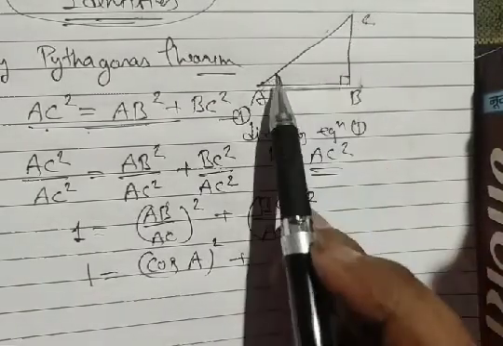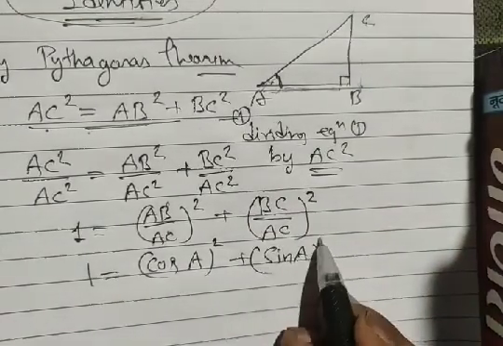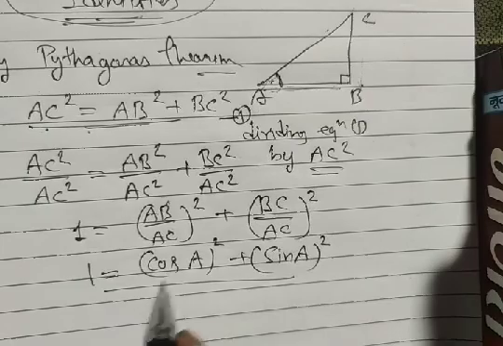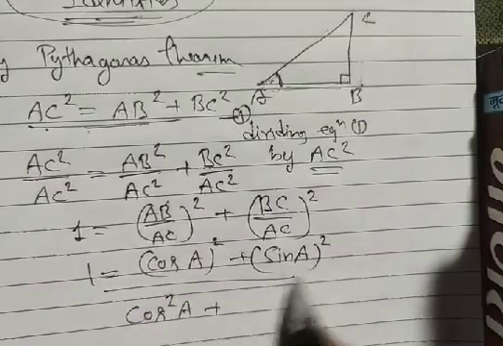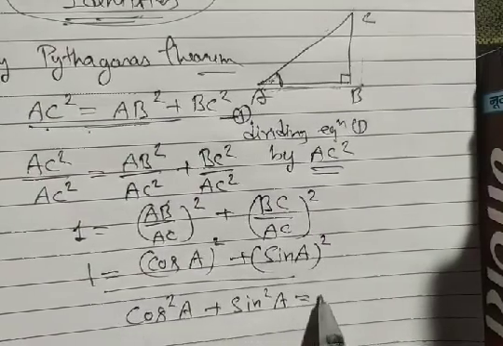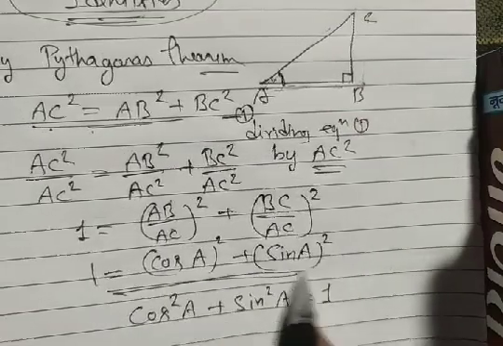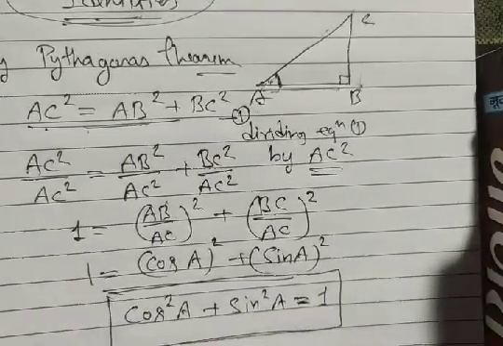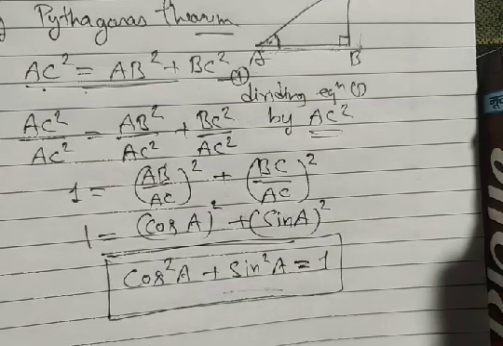It's perpendicular to the hypotenuse, so it's sin A, whole square. Cos A whole square means cos square A, and sin A whole square means sin square A, equal to 1. This is our first identity: cos square A plus sin square A equals 1.